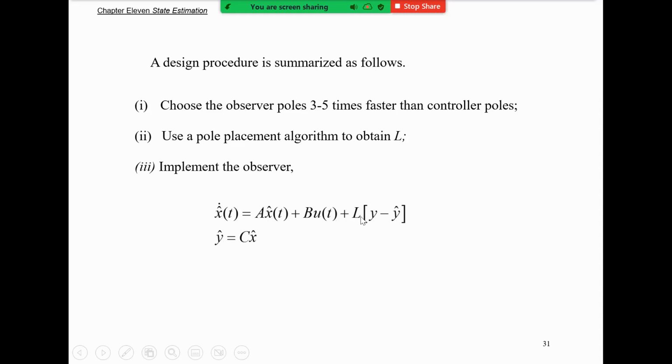They just gave me the answer for L. Of course, you are going to lose some marks if you don't write down the equation. I ask you for your observer, you give me the answer of L, so I don't know the meaning of your L. So you have to give me the complete answer.